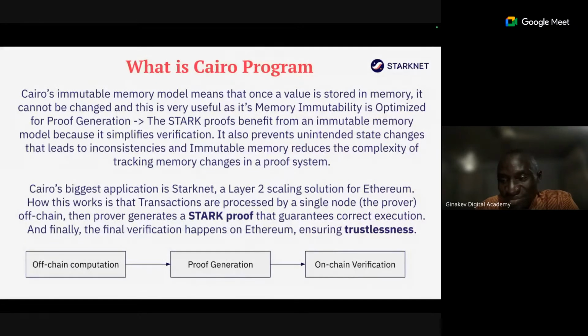Unlike JavaScript, where you can say, okay, let X be 2, then come back and say, no, I don't want X to be 2, let X be 5. Cairo by default has a form of immutable memory model. Once you say let X be equal to, let's say 3, if you come and say let X be equal to 5 again, it will throw an error.